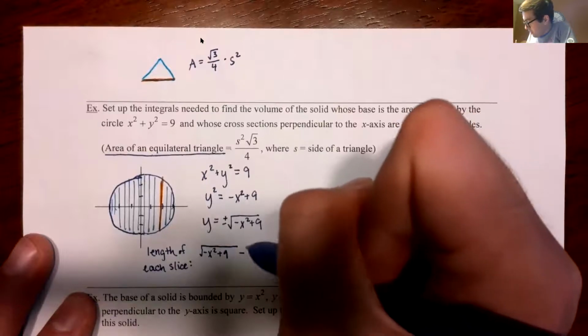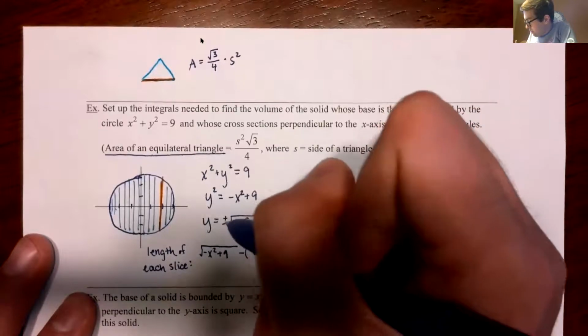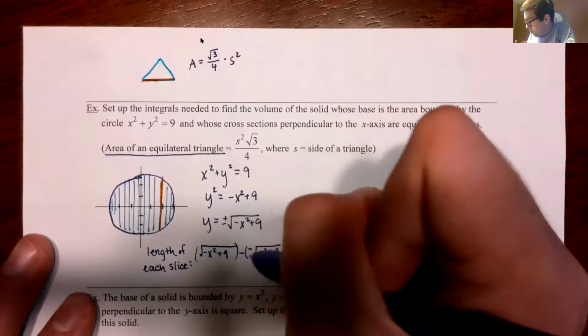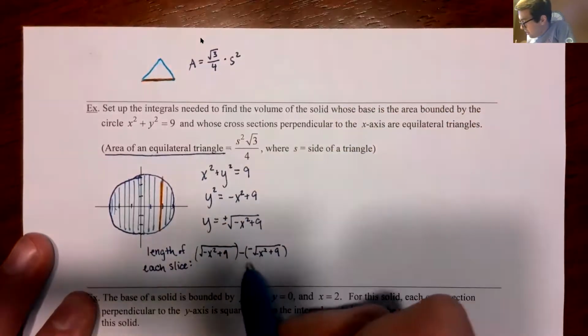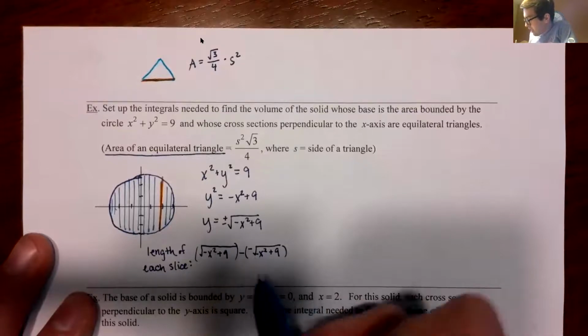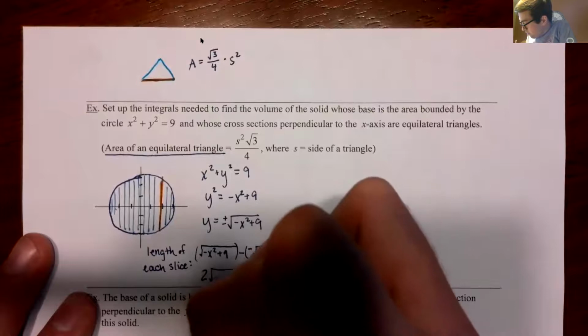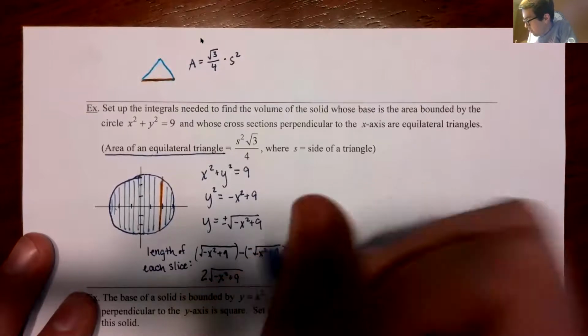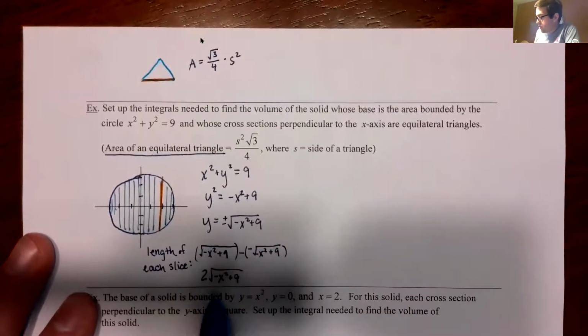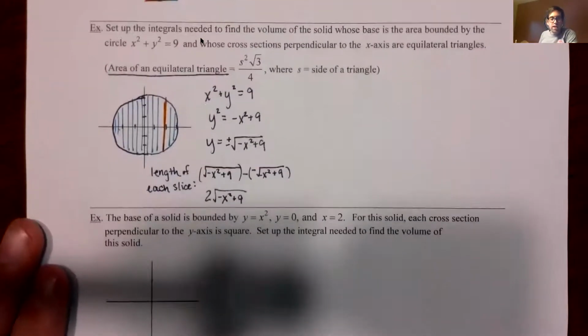Remember, it was minus negative because the top part was positive, the bottom part was negative. And this is going to become minus and negative, so it's really plus. So this is really 2 square roots of negative x squared plus 9, right? Because it was this plus itself. So we have 2 square root of negative x squared plus 9.